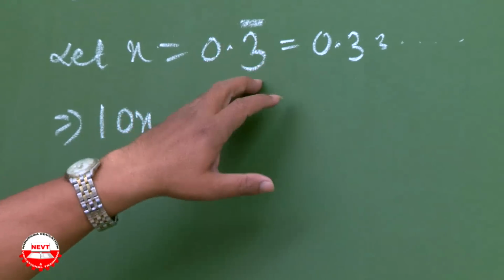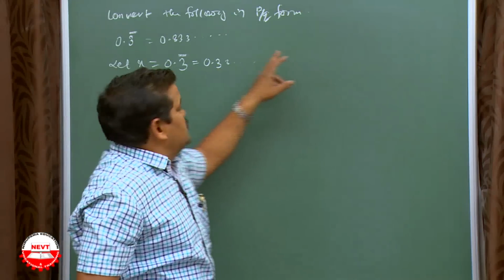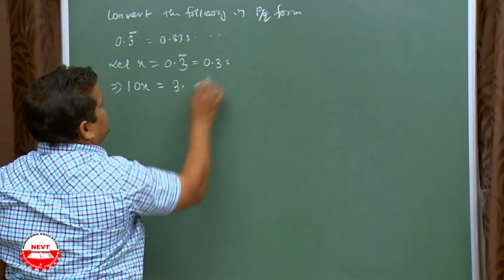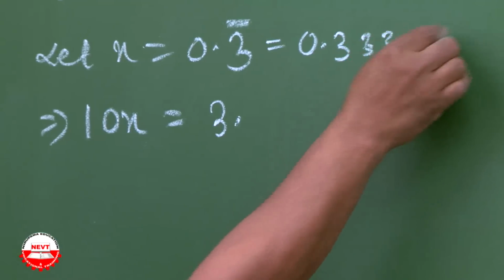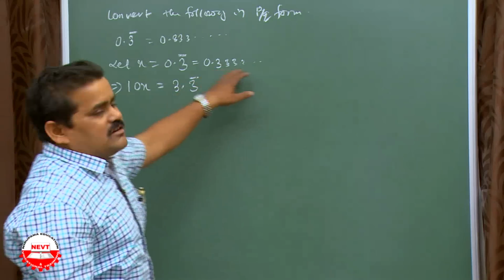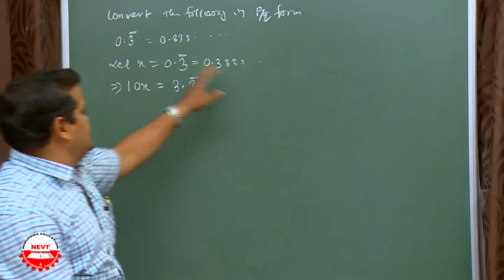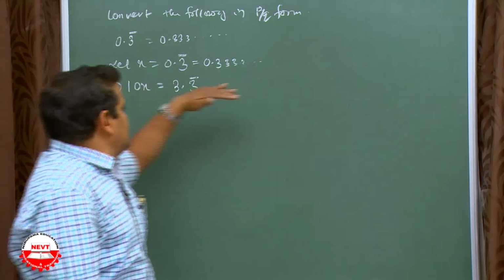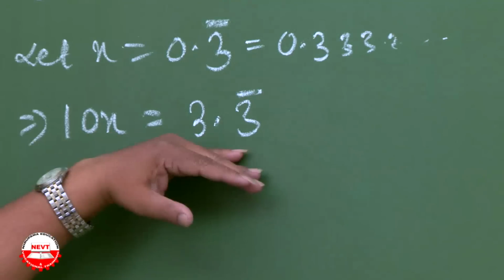This is 3333 continued, so it will shift 1 place, meaning 3 point, and again 3333 repeated means 3 bar. Here there are an infinite number of 3's. If you shift one 3 to the left side, again there are an infinite number of 3's. So it will be 3.3 bar.